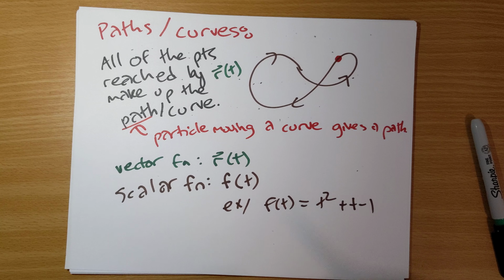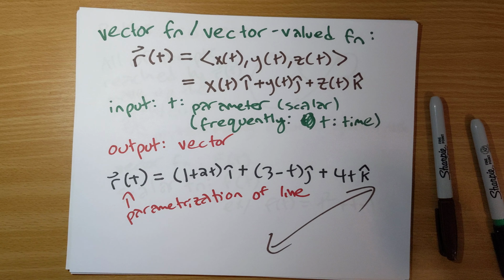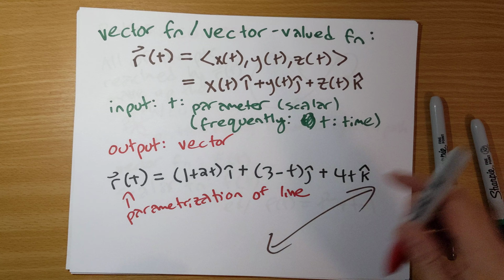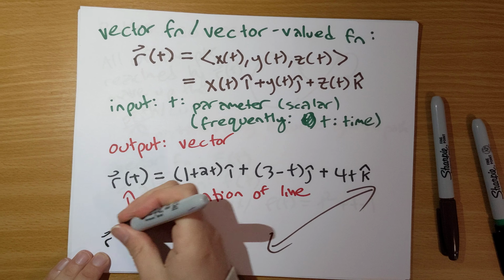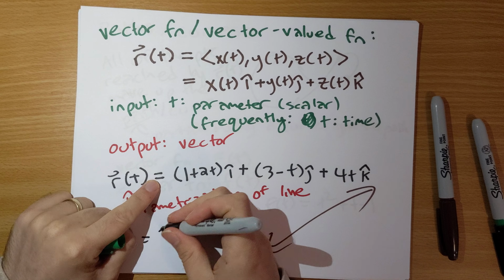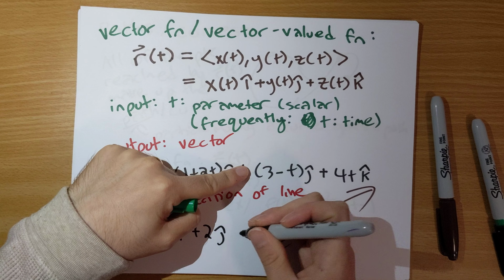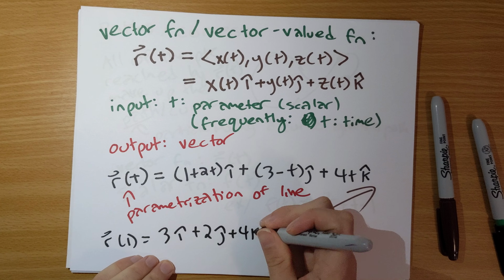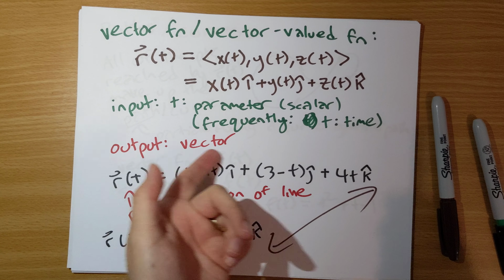This is a scalar function because the output is a scalar. r of t is a vector function because the output is a vector. For example, plug in 1 into r, and you get 3 i hat plus 2 j hat plus 4 k hat. The output of this is a vector.